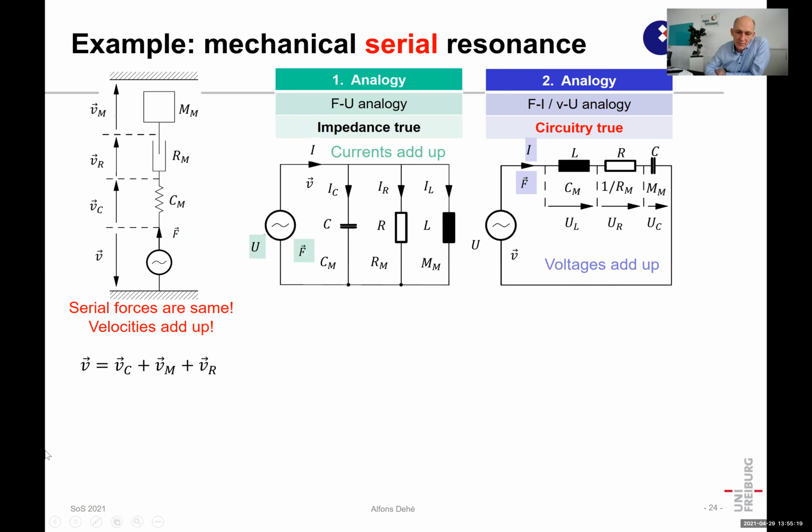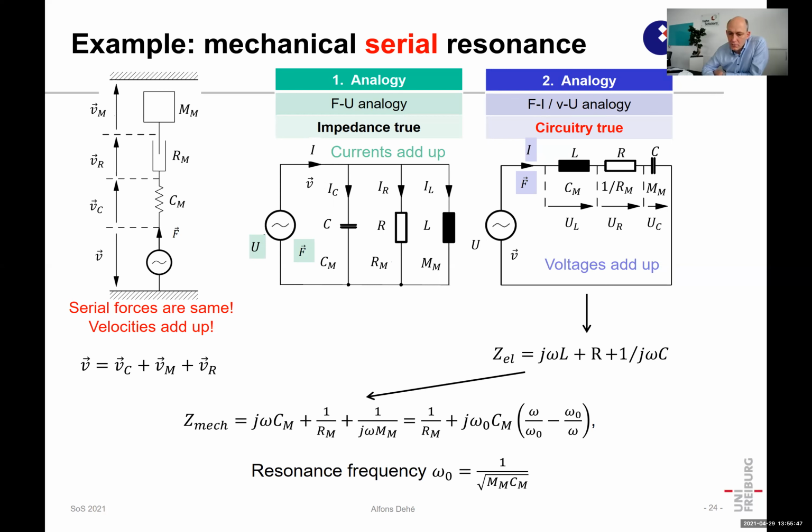So if you have this situation of a mechanical expression, you more easily jump into the circuit description with the second analogy, because then you simply add the velocities, or now the voltages are equal to the currents, and you derive your impedance description and all the parameters that you want from this resonant circuit.